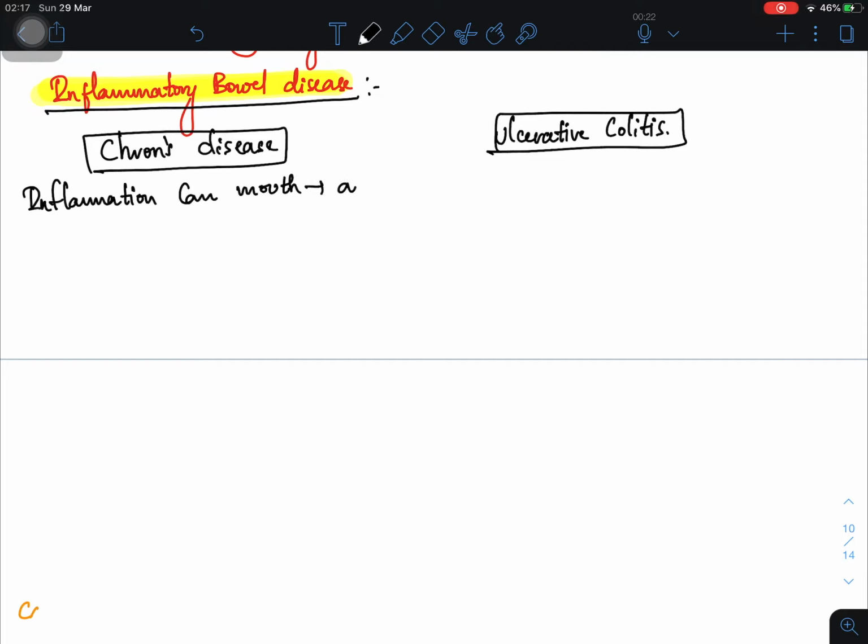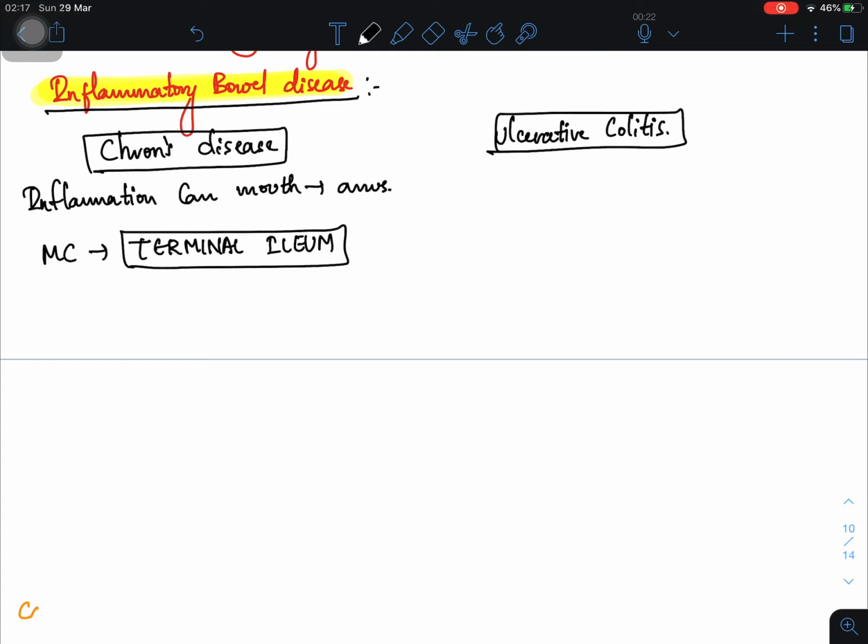There is no rule. But most commonly the inflammation happens at the terminal ileum. So this you see in case of Crohn's disease.